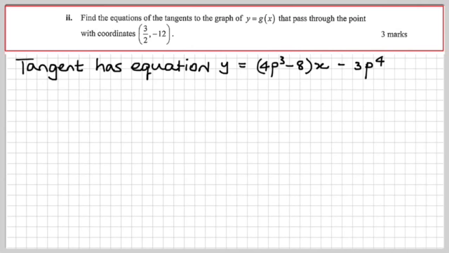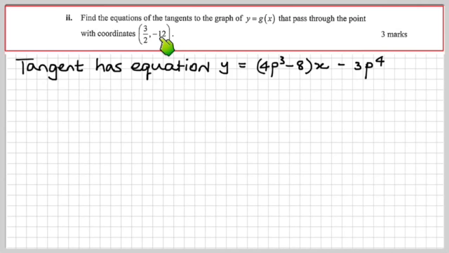Now, having a look at the question again. This is a value of x and this is a value of y on that tangent line. This is basically nothing to do with p. This is just an x independent variable, and this is then the dependent variable which pops out of the rule for a tangent line.